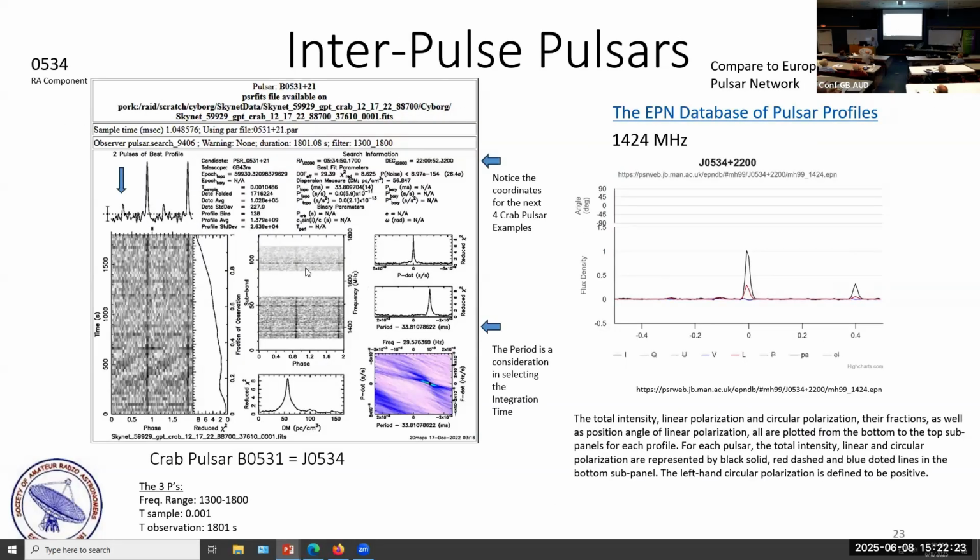Keep in mind that pulsars, like everything else, move around. You have coordinate systems from 1950, which are designated by a B in front, and coordinate systems designated by J, which is 2000. So in the Crab Nebula, moving over 50 years, it's kind of shifted.